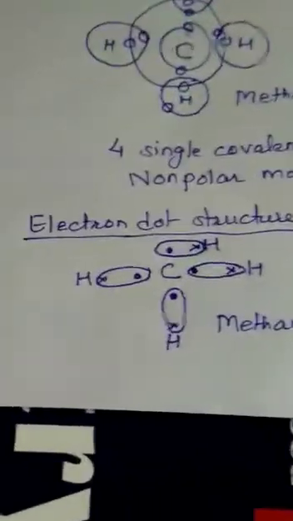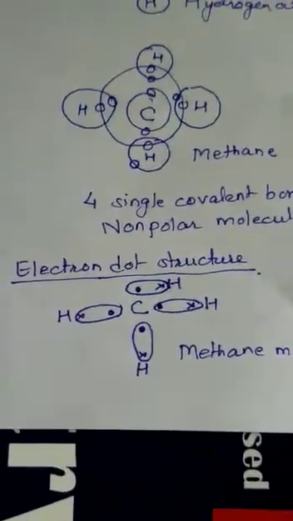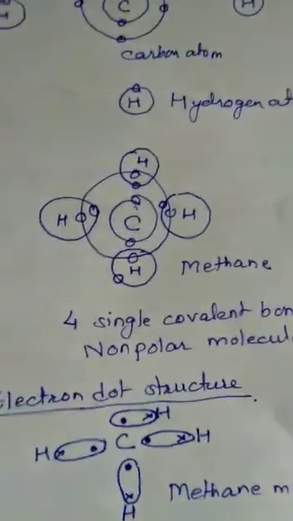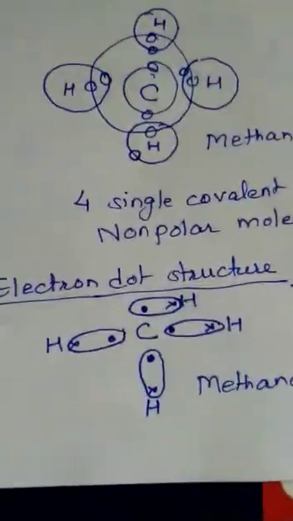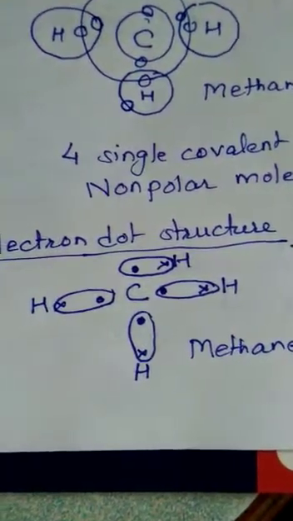Now we can see the electron dot structure of the methane molecule. As I told you when I explained the ionic bond, the electron dot structure will show only the outermost electrons. So carbon has 4 electrons in the outermost shell.